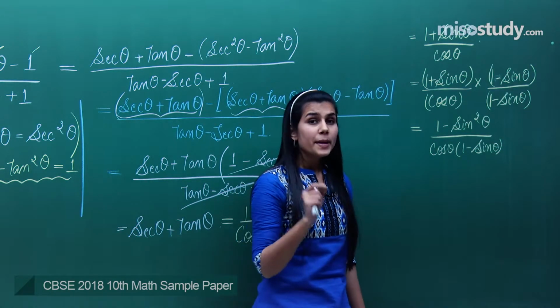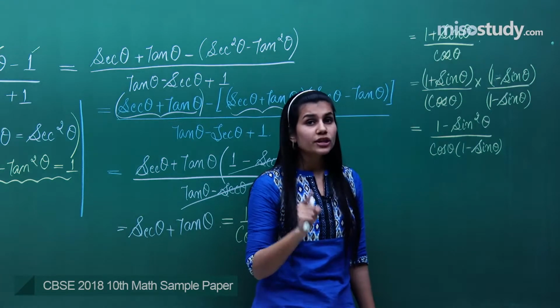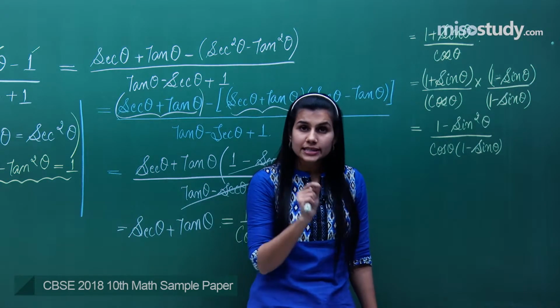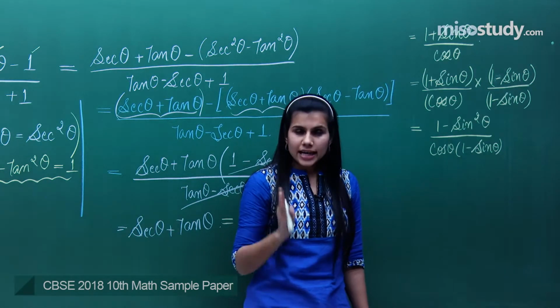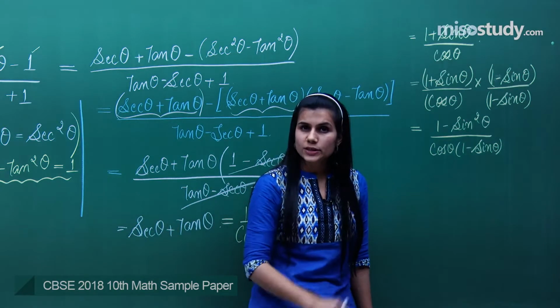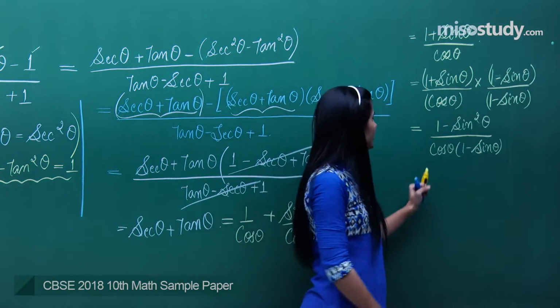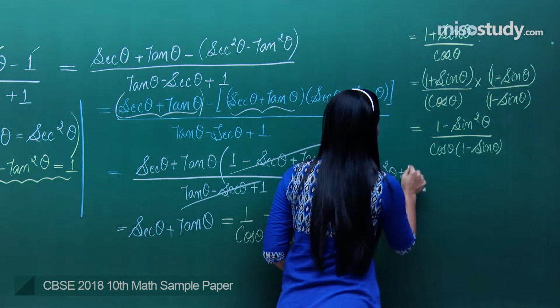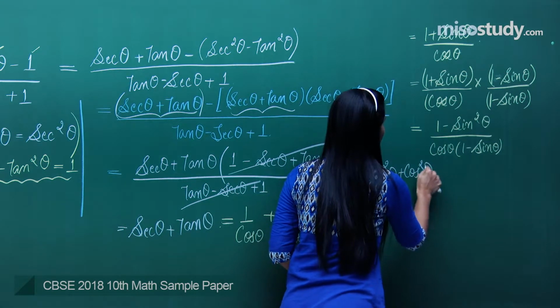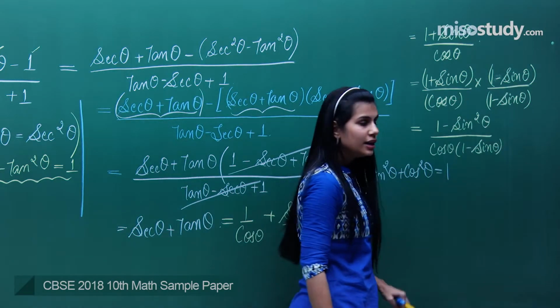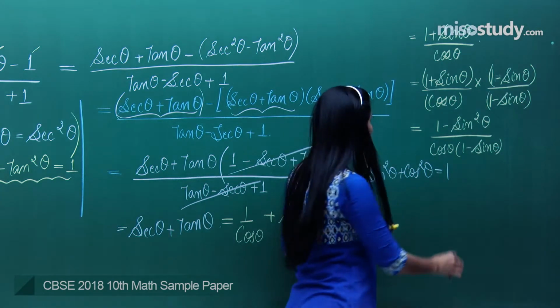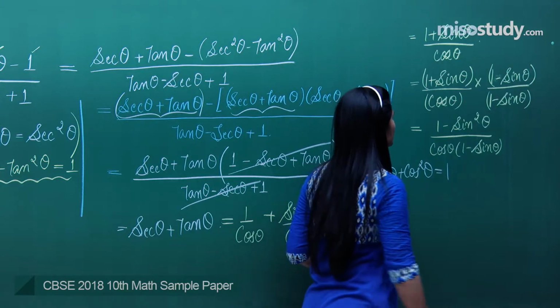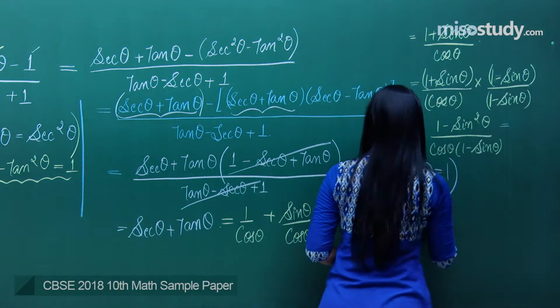Now you know there is an identity, a trigonometric identity which connects sine and cos. It says sine square theta plus cos square theta is 1. The moment you know that, you will be able to identify that 1 minus sine square theta is what?